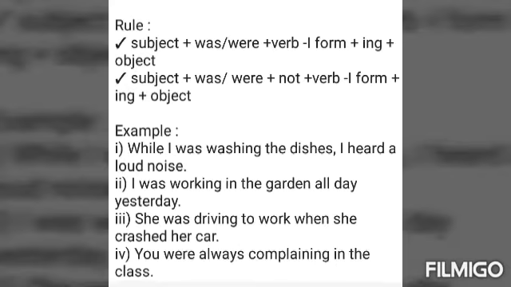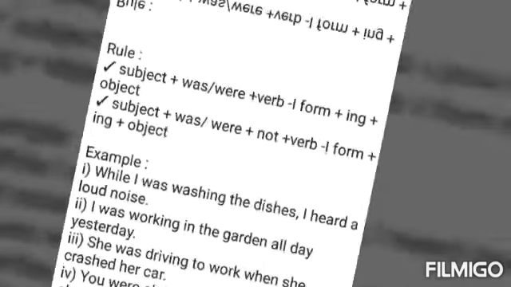Third one is, She was driving to work when she crashed her car. Last we have, You were always complaining in the class. So here we can find out the rule as well as the uses in these examples. This is all about your past continuous tense.